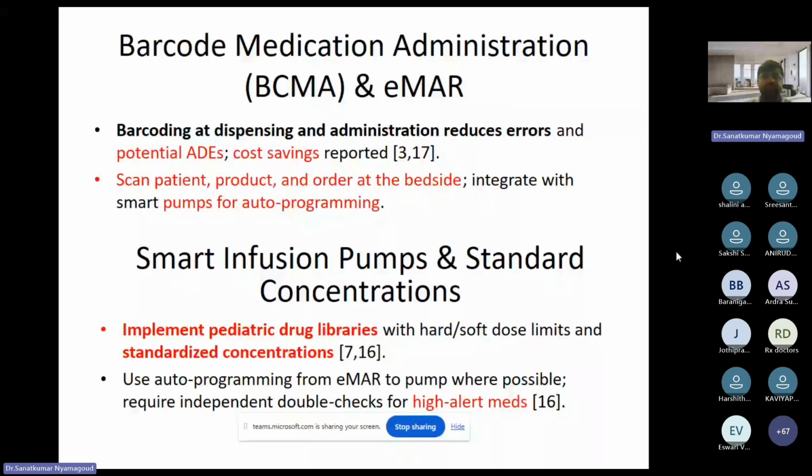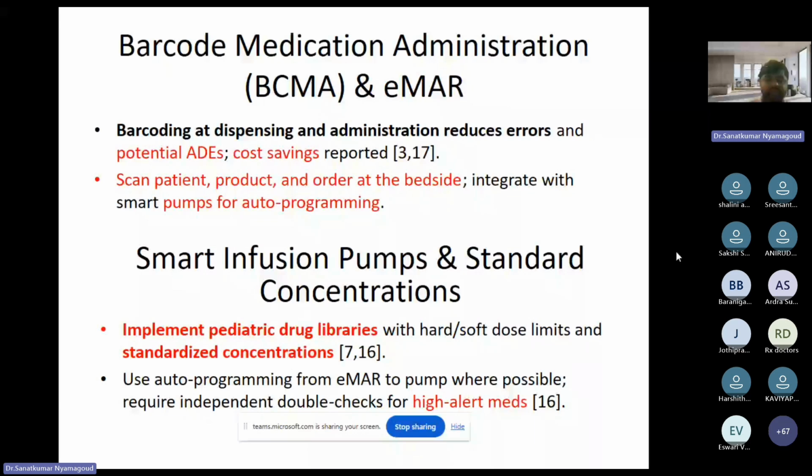Next one is smart infusion pumps are used, and with the standard concentrations. Especially it is better to implement pediatric drug libraries in each department. Whenever you visit pediatrics, or you can prepare among yourself what are the common pediatric drugs used in the pediatric population.